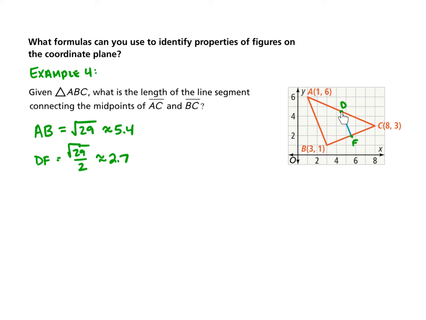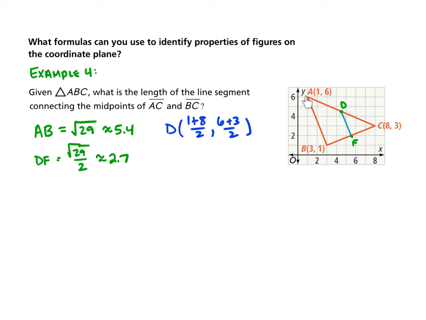Of course, the other way we could do this is to find the coordinates of D and F, the midpoints of segment AC and segment BC, and then use the distance formula. Just to show you that we'll get the same answer either way, let's do that. The coordinate of point D would be the average of the x coordinates and the average of the y coordinates for the endpoints of the segment.